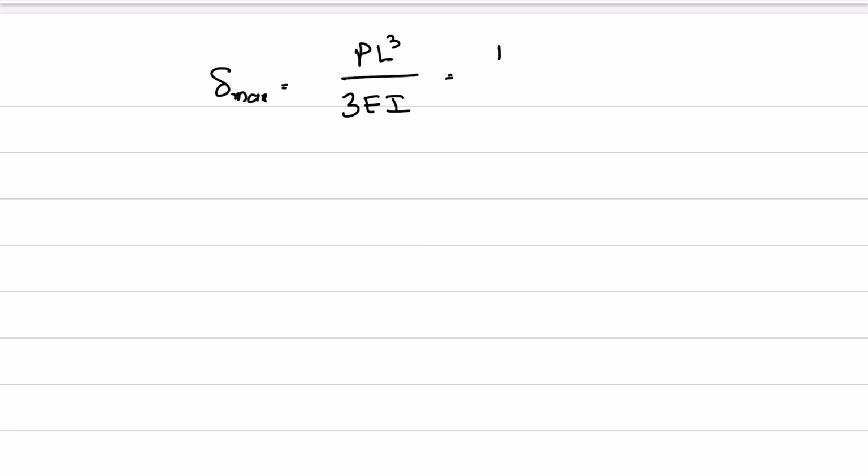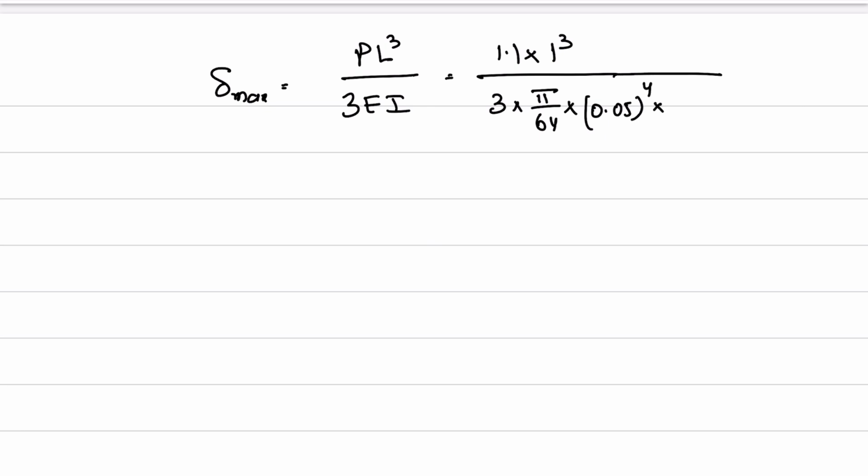That is equal to P is 1.1, L is equal to 1 meter, and 3 into pi by 64 into d to the power of 4, that is I. The diameter is 50 mm, 5 centimeters, that is 0.05 meter, d to the power of 4, into E. E is 200 GPa.